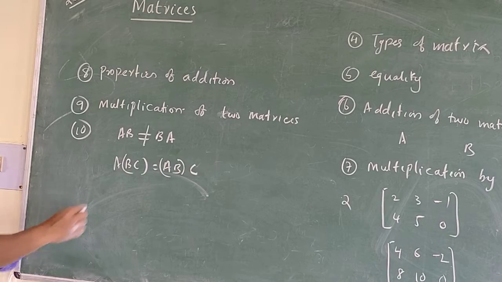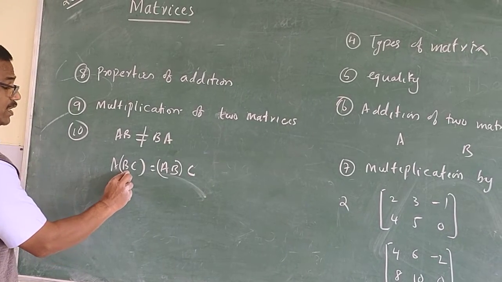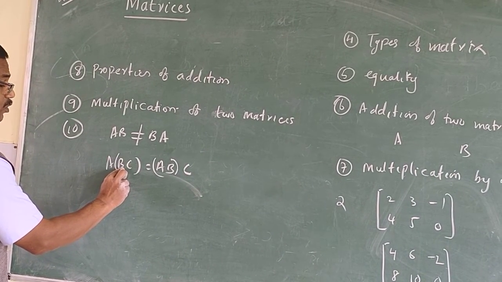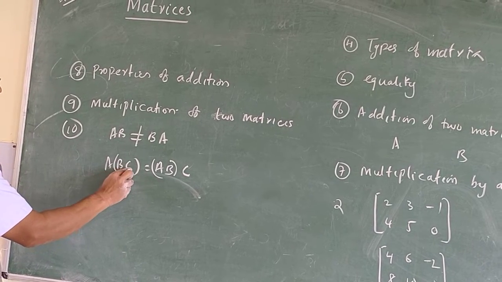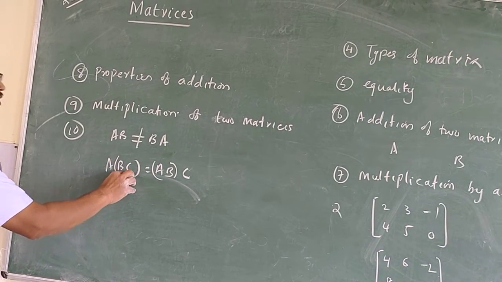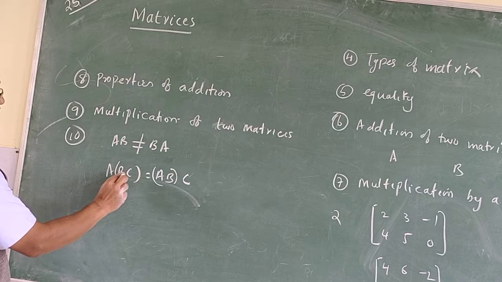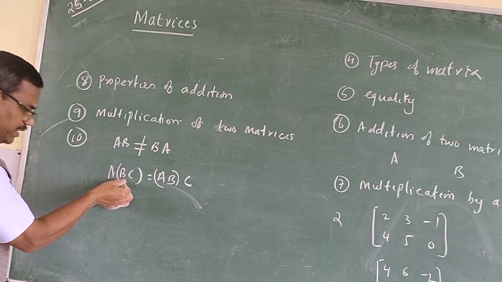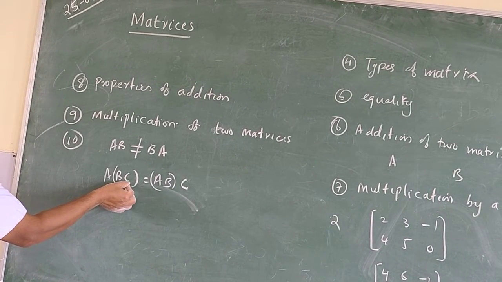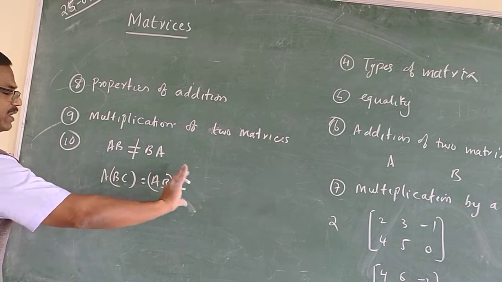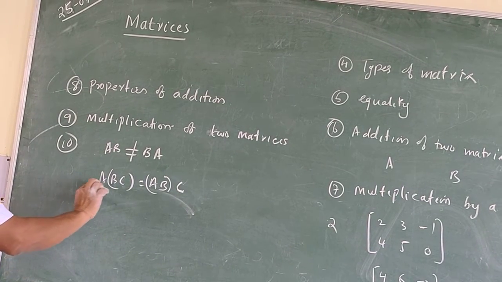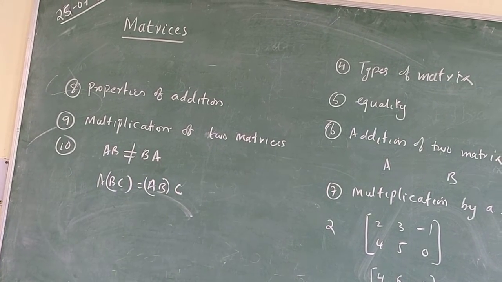Multiplication should be defined means the number of columns of A should be equal to the number of rows of B, and the number of columns of B should be equal to the number of rows of C. Then the associativity rule follows.